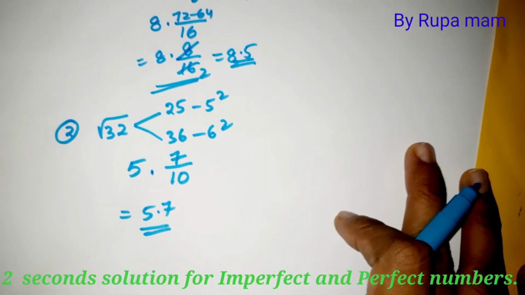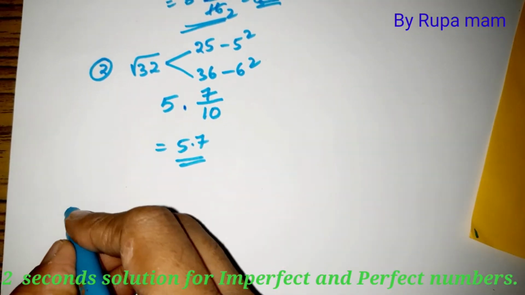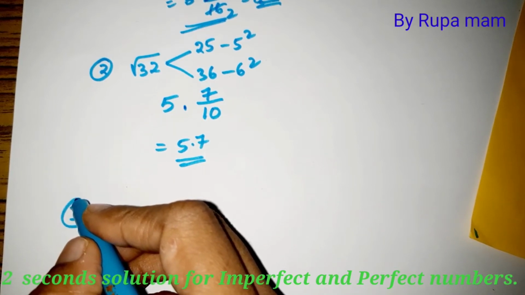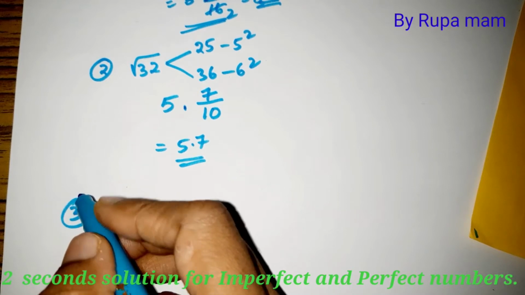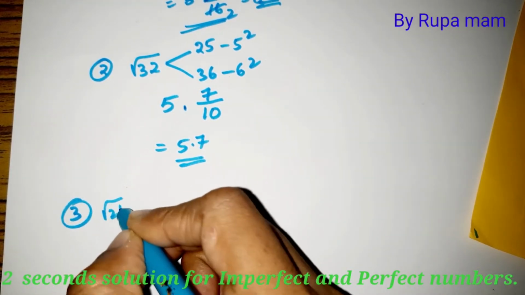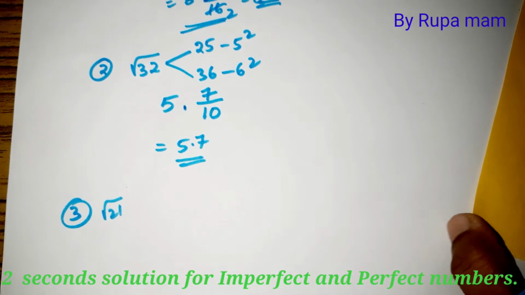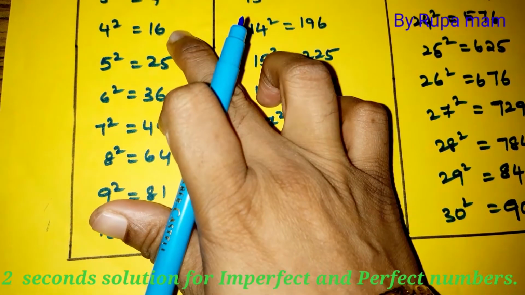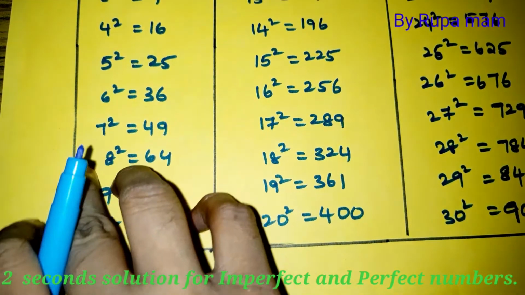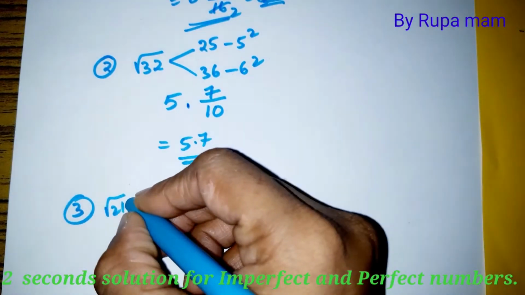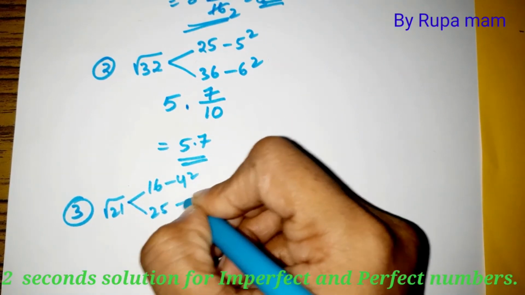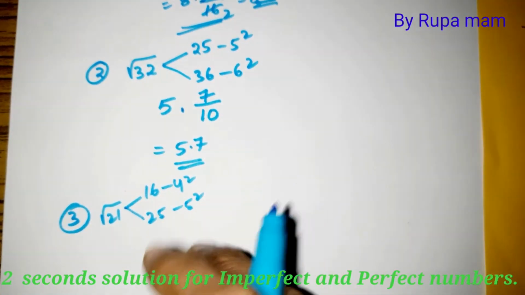Next, if you observe the third question, or other imperfect numbers, if you learn 1 to 10 squares by heart, then it is very easy. Next, root over 21. Here 21 is present between which squares? 16 and 25, that means between 4 square and 5 square.